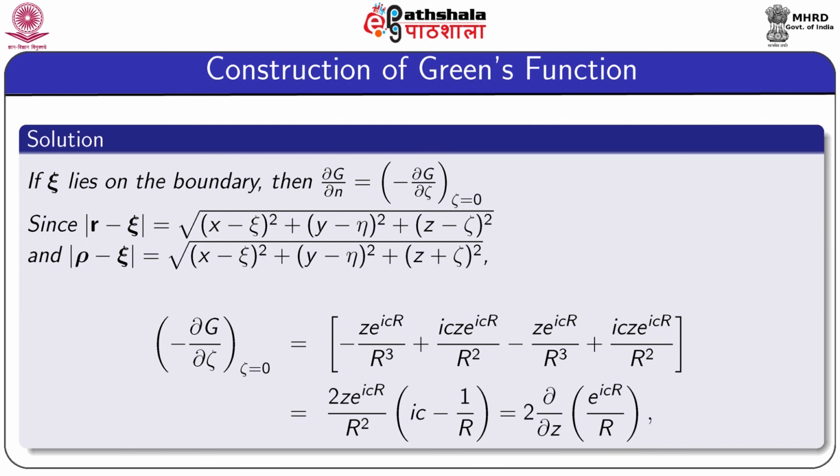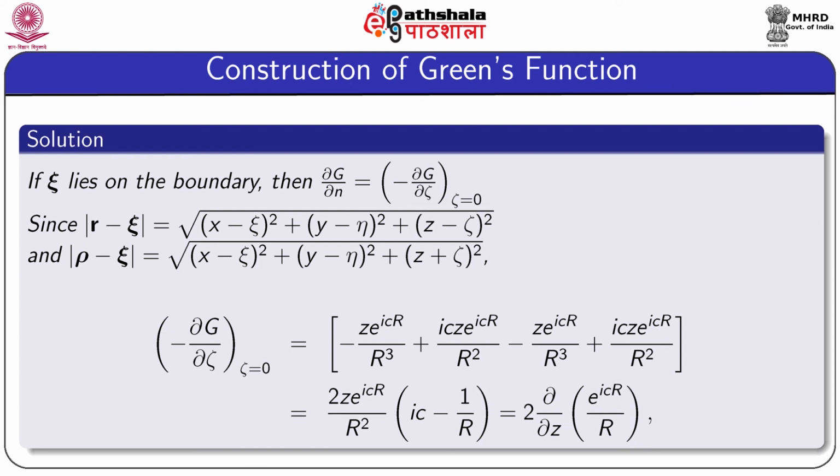It is written here, and we can also find the value of mod rho minus xi, that equals the square root of x minus xi square plus y minus eta square plus z plus zeta square.